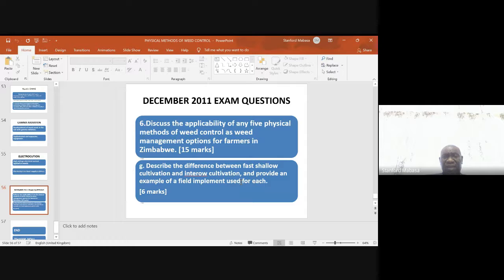Here I've got two questions which you may want to attempt. For example, discuss the applicability of any 5 physical methods of weed control as weed management options for farmers in Zimbabwe. The other one is describe the differences between fast shallow cultivation and in-row cultivation and provide an example of a field equipment used for each.